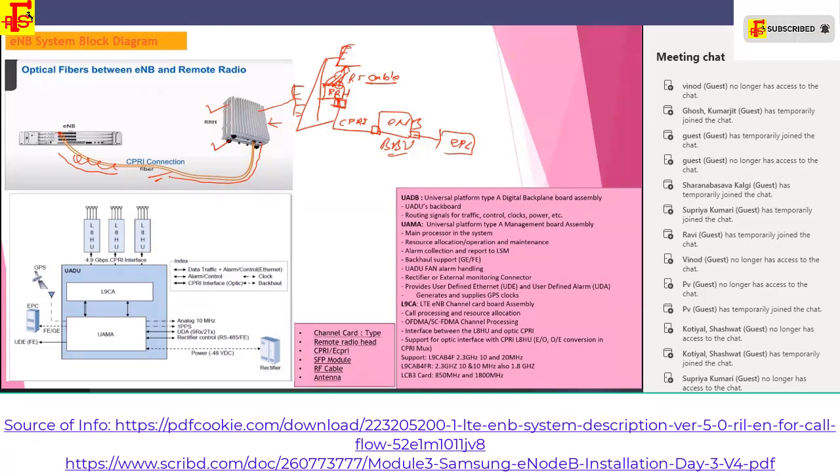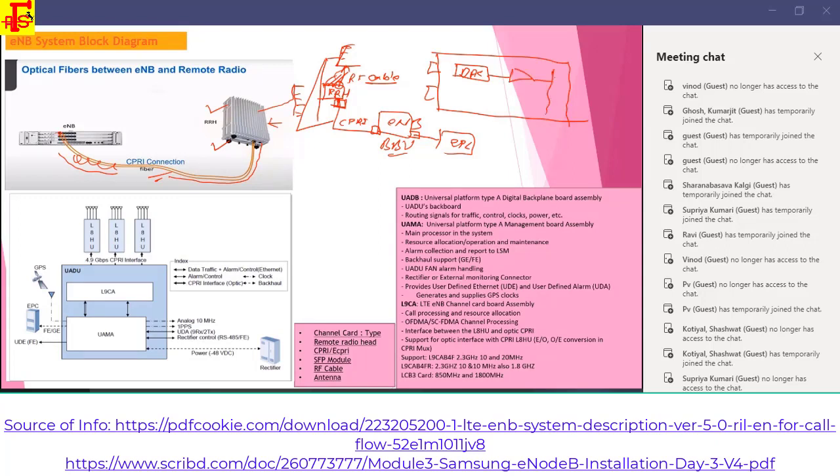So the RRH is made up of the following, if you see the internal diagram of the RRH. The CPRI cable is connected, and there is a digital to analog converter, and it is connected to a power amplifier, and on the receiving side a low noise amplifier, and it goes to the ADC. And the antenna is there.